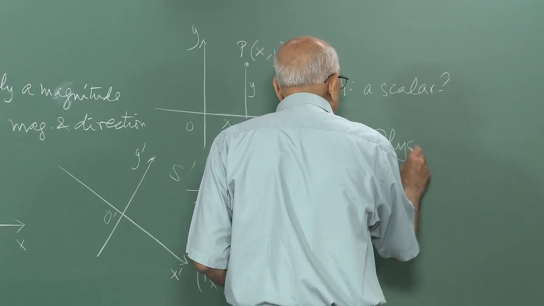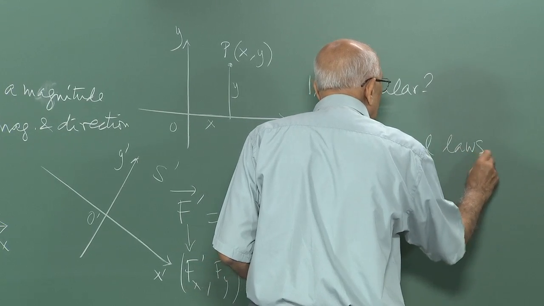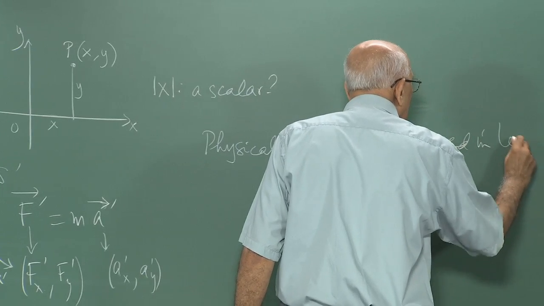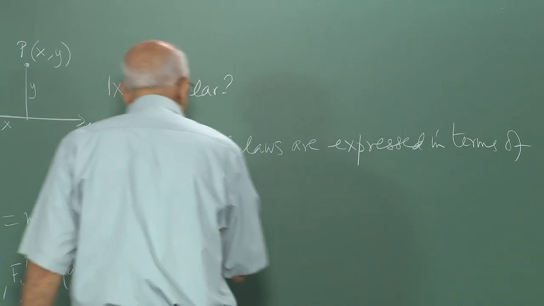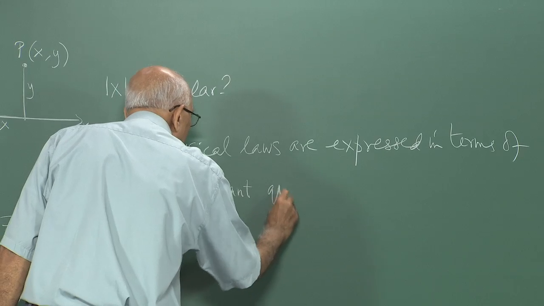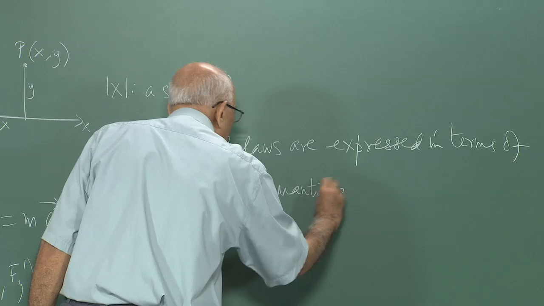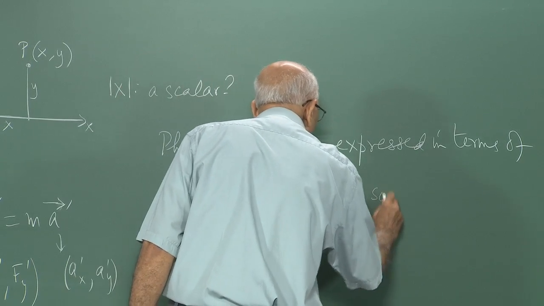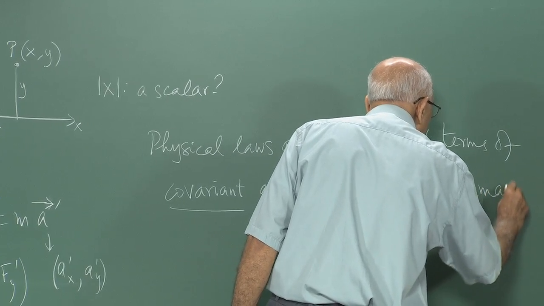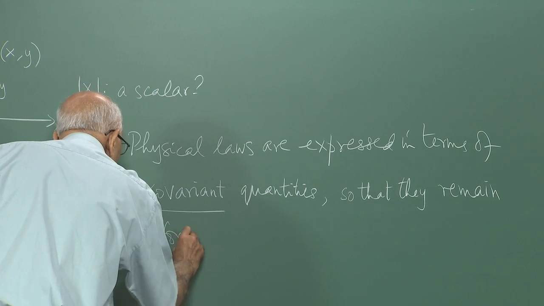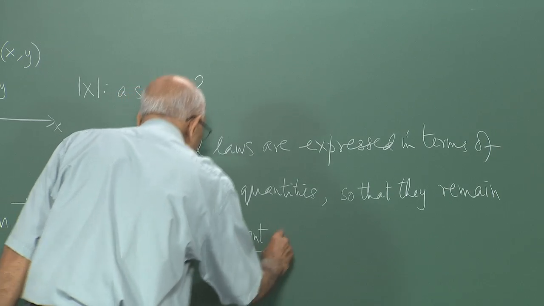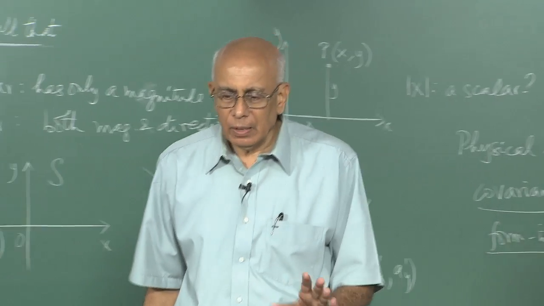Physical laws are expressed in terms of covariant quantities so that they remain form invariant. Now that is a lot of big words for something which is a very straightforward matter.